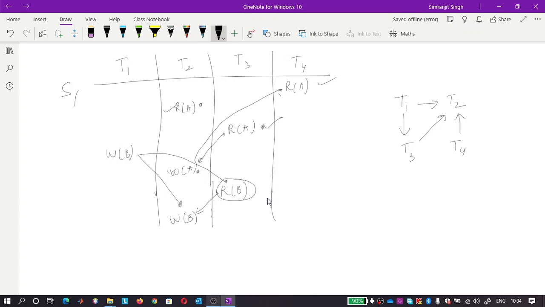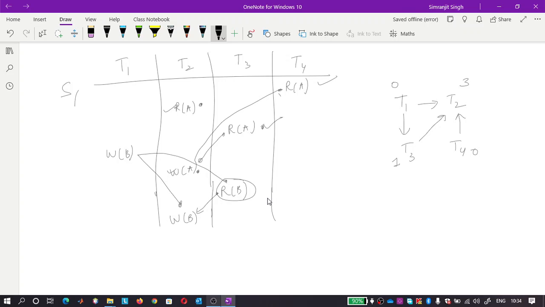Here the in degree is 0. In degree 1, 2, 3. In degree is 3 here. In degree is 0 here. In degree is 1 here. So I think 0 and 0, these are two that have the same in degree. So there can be two serial schedules that this schedule will be conflict serializable to.